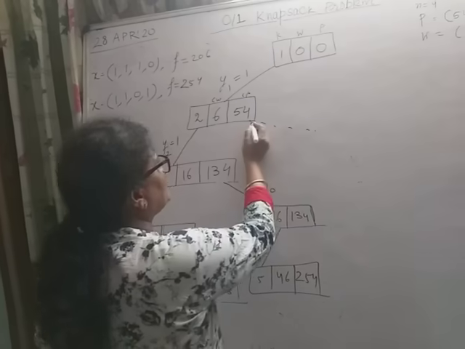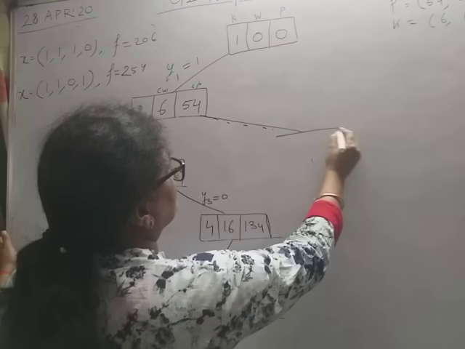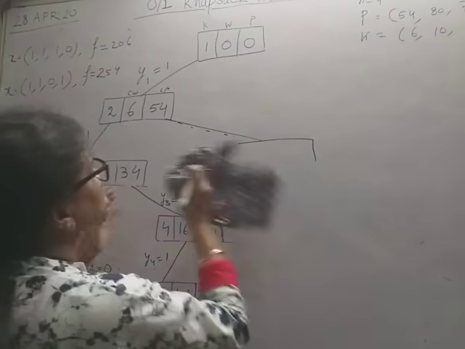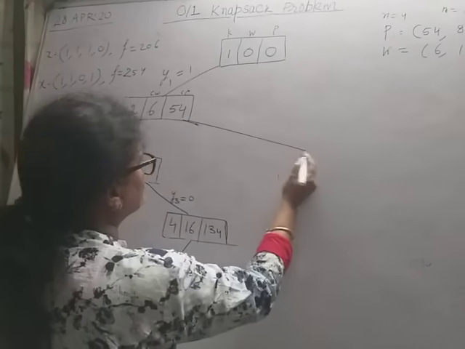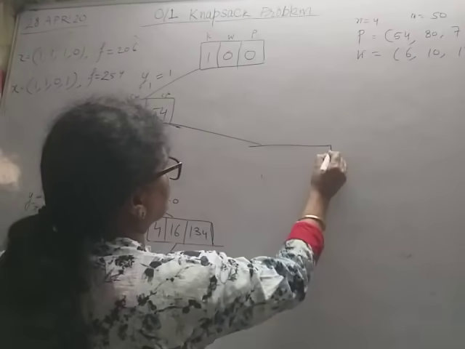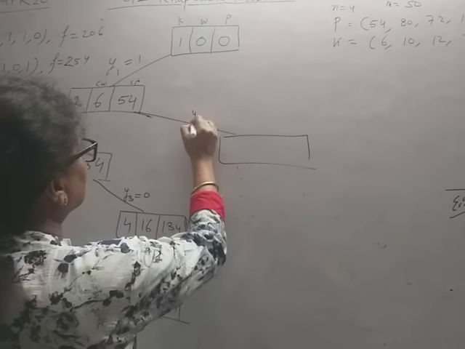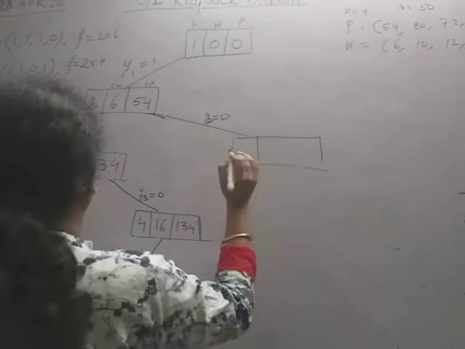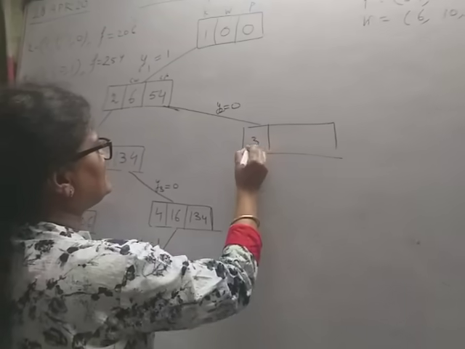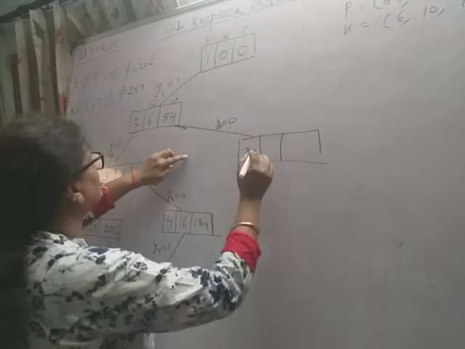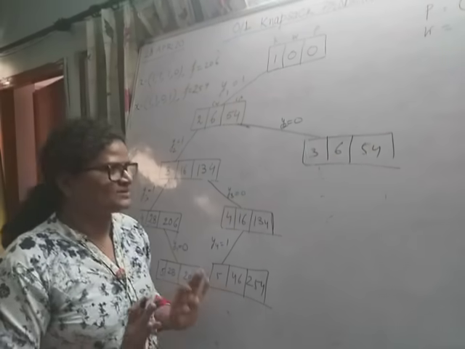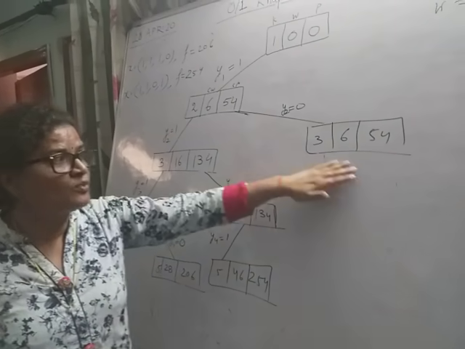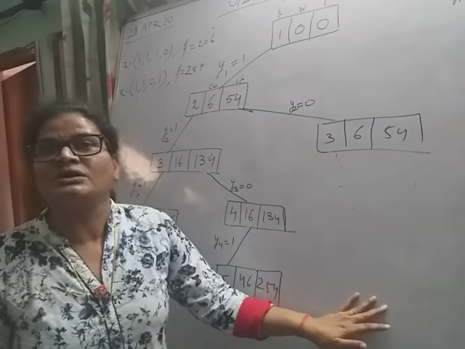Carefully now, see this one. Here y2 equal to 0, this is 3, and this is 6 and 54, as I have excluded the second object. Whether to move downward or not?